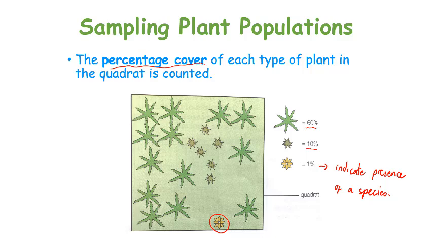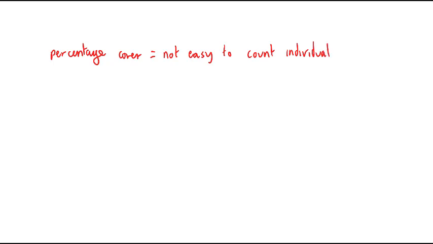So it's not taking up very much space, but it just shows that it's there by giving it 1%. Now, I'm saying in that example that we use percentage cover. And the reason why we use percentage cover is sometimes it's not easy to count individual plants, i.e., it's difficult to tell where one plant stops and another one starts.